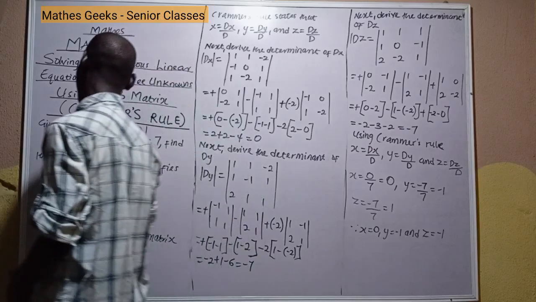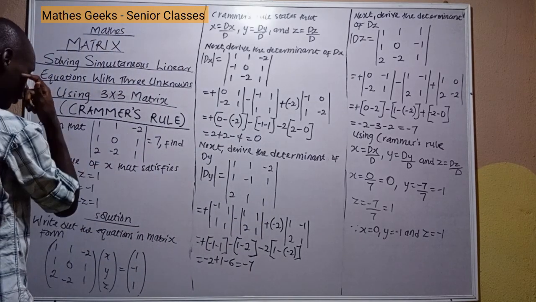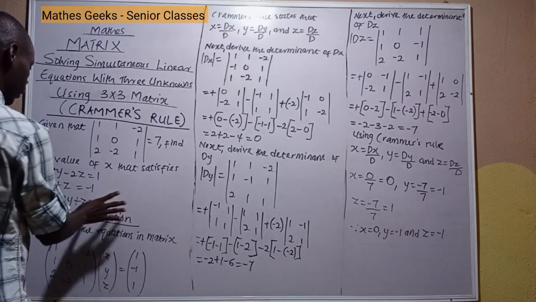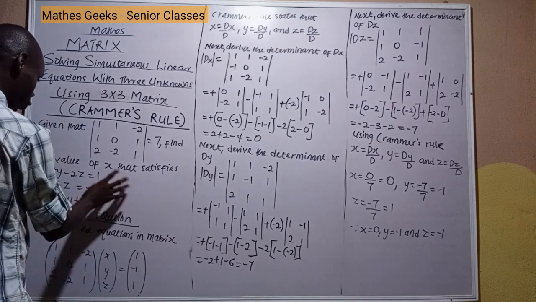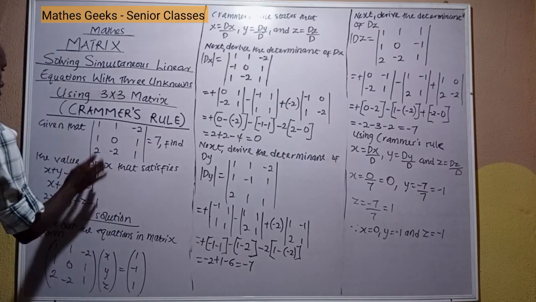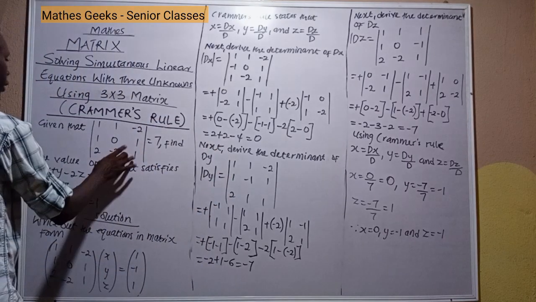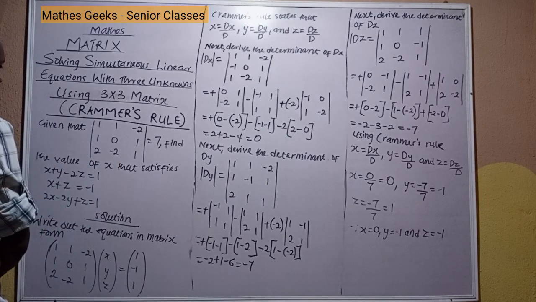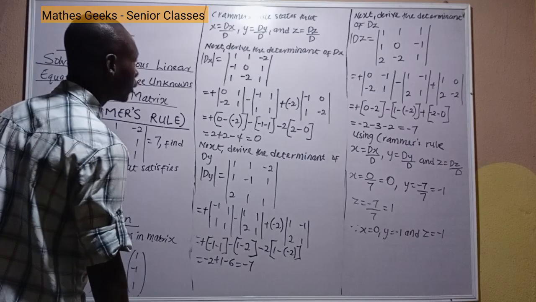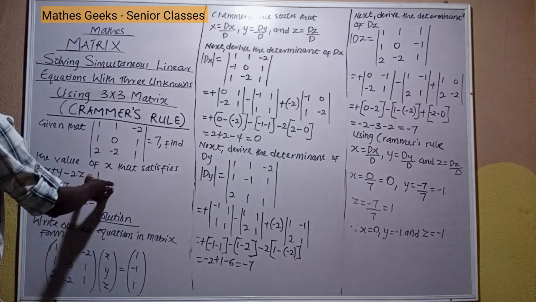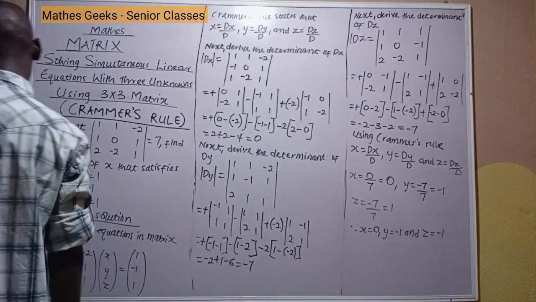As I explained earlier, the question only says we should look for the value of x, not y and z. So in exam condition or class work, if this is the instruction, follow it strictly, just get the value of x and stop. But because I'm teaching with this example, I also want to get the other values, so you would see how simultaneous equations are solved using Cramer's rule. So these are the values of x, y, and z.